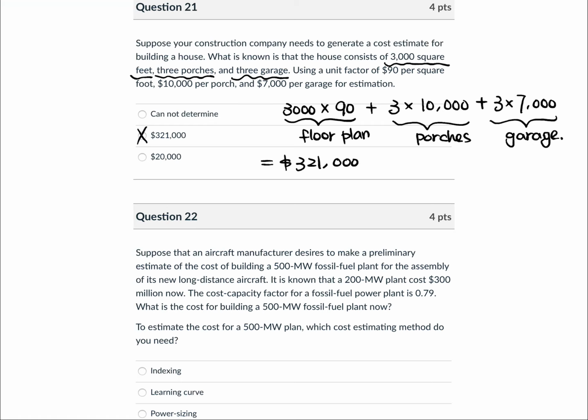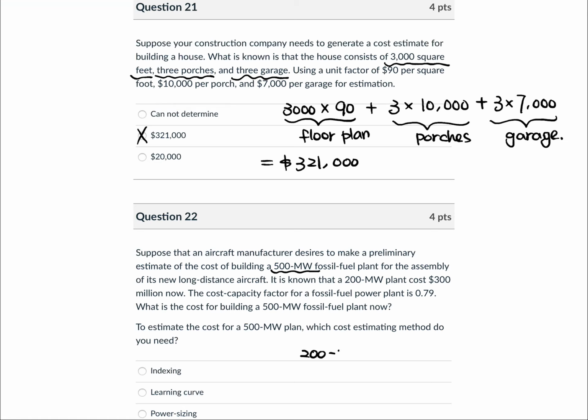Next question. Suppose that an aircraft manufacturer desires to make a preliminary estimate of the cost of building a fossil fuel plant. The size of it is 500 MW, for assembly of some new type of aircraft. So this is a size for a plant. It is known that a 200 MW plant costs 300 million now.